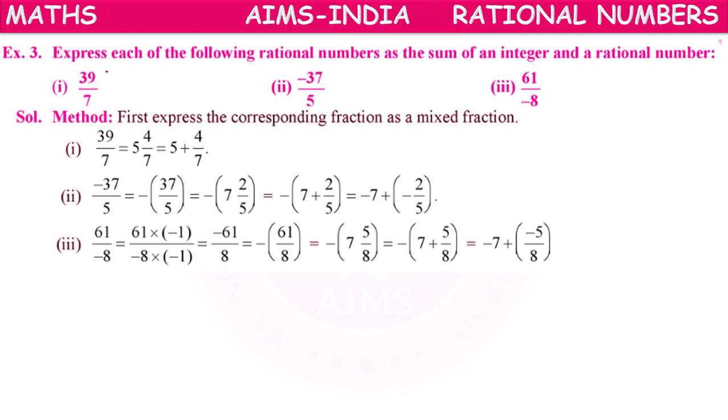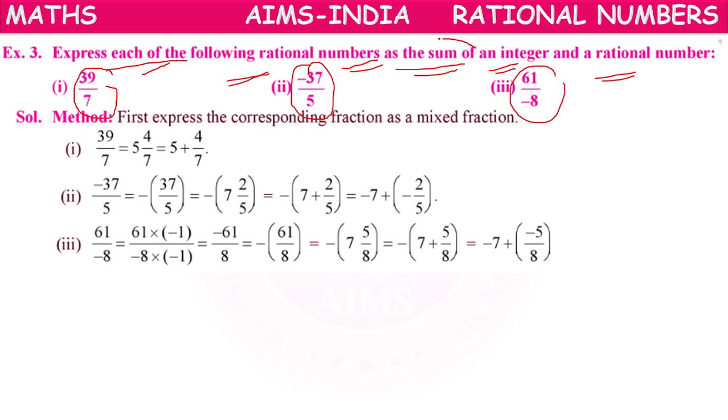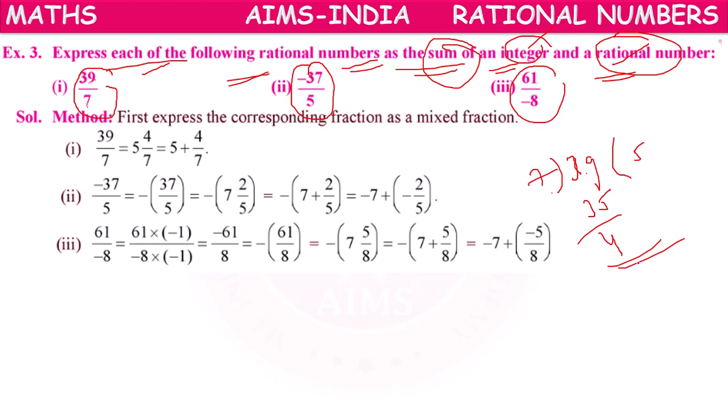Next. Express each of the following rational numbers as the sum of an integer and a rational number. So whatever rational number is here should be expressed as the sum of one integer and one rational number. So 39 by 7 is there. Here the numerator is bigger than the denominator. We can divide: 7 times 5 is 35, remainder 4.